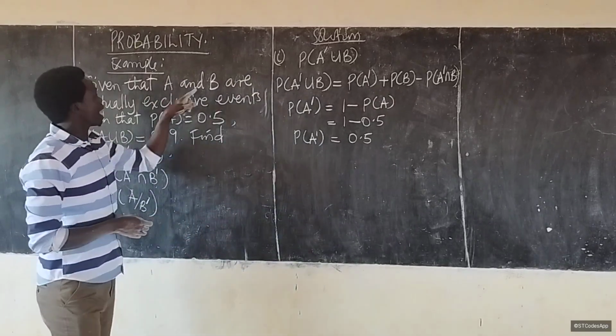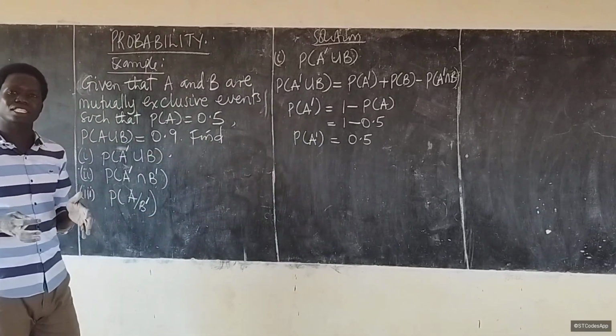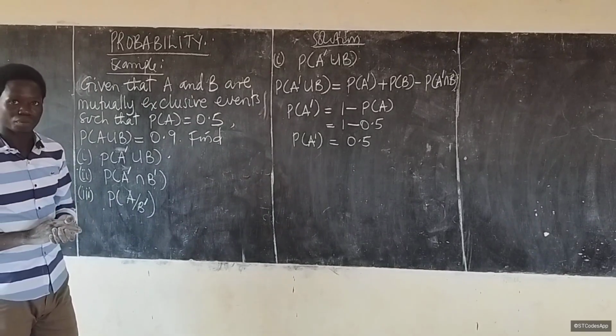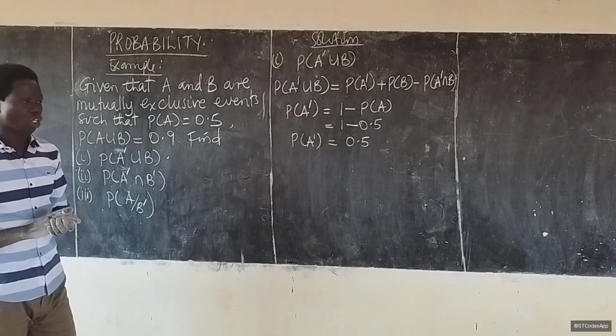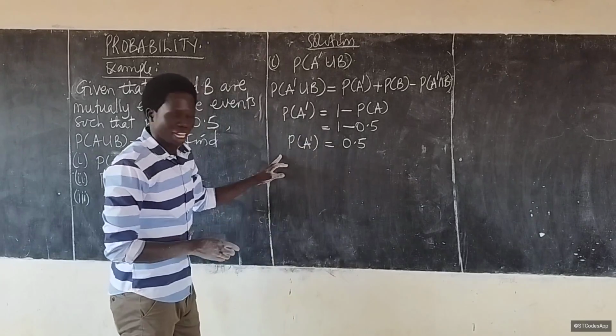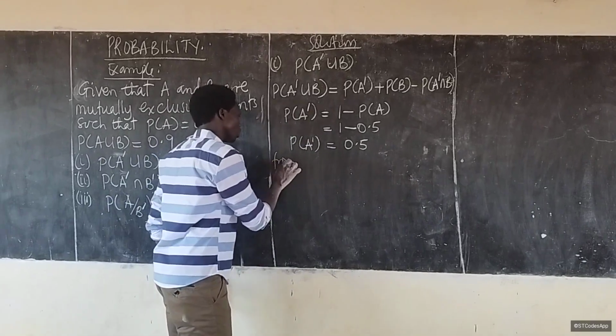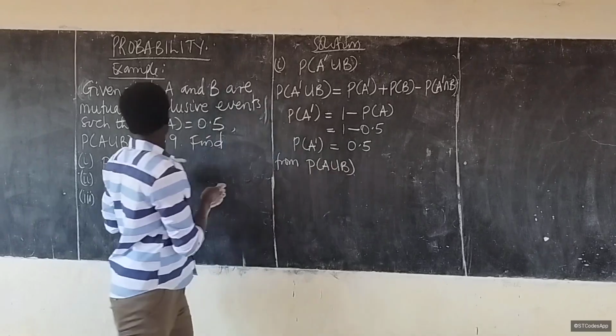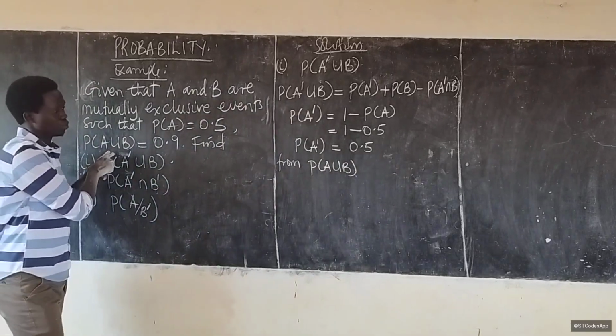So since A and B are mutually exclusive, it means the probability of A intersecting B is 0. We can use the probability of A union B itself, because they gave us the probability of A union B. We have to use it.